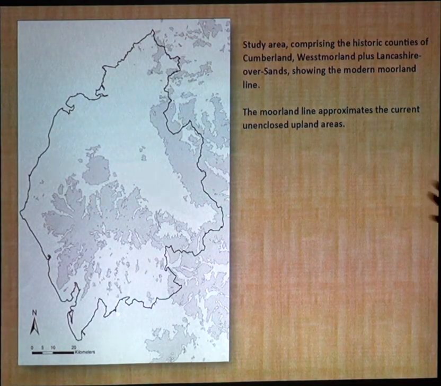So that area in the centre are the Lakeland Fells, obviously, and then up the eastern side you've got the Pennines. But how much of this was unenclosed in the past? Are we looking at a remnant of the unenclosed moorlands and fells? How much have we lost? How much has been enclosed since the post-medieval period? Next one, please.